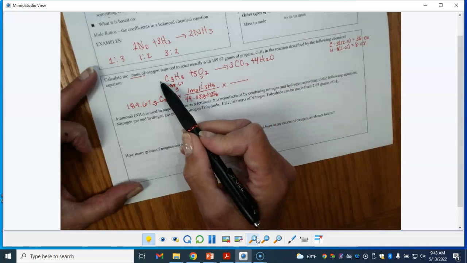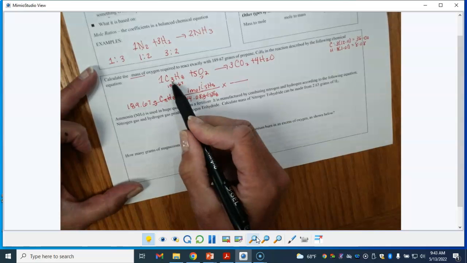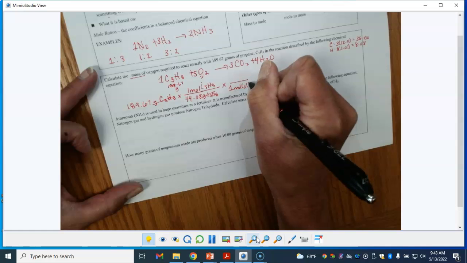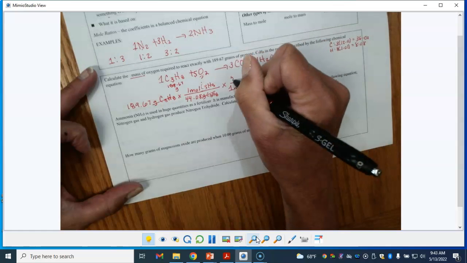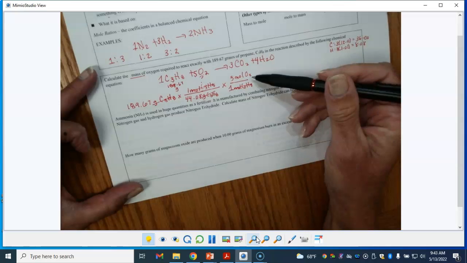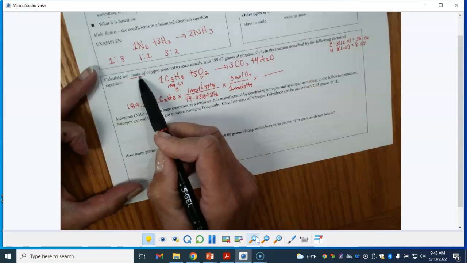I have 1 mole of C3H8 to my 5 moles of O2. So my moles of propane has canceled out, and now I'm sitting at moles of oxygen. I have 1 step to go because I need to figure out the mass of oxygen that is required in order for this reaction to happen.